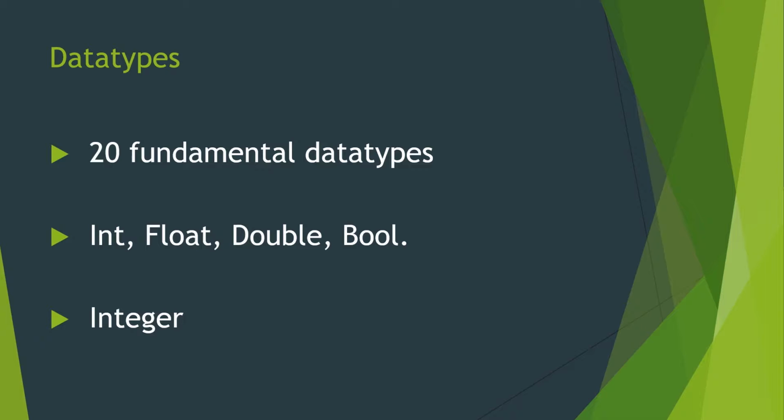So it's 1 and 2 and 3, but not 1.5 and not 2.5 or 1.3 or 4.2 or something like that. It's just 1, 2, 3, 4, and minus 1 and minus 2 and minus 3. So the int, float, double, and bool are the most important, I think, for now.